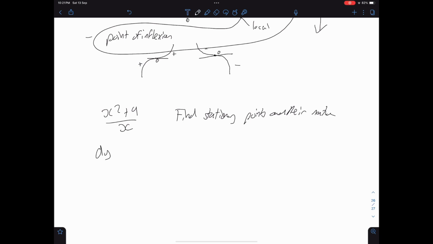So dy/dx is equal to, y is x squared plus 9 multiplied by x to the power of minus 1. So it's x squared plus 9x to the minus 1. So dy/dx will equal 2x minus 9x to the power of minus 2, which is 2x minus 9 over x squared.